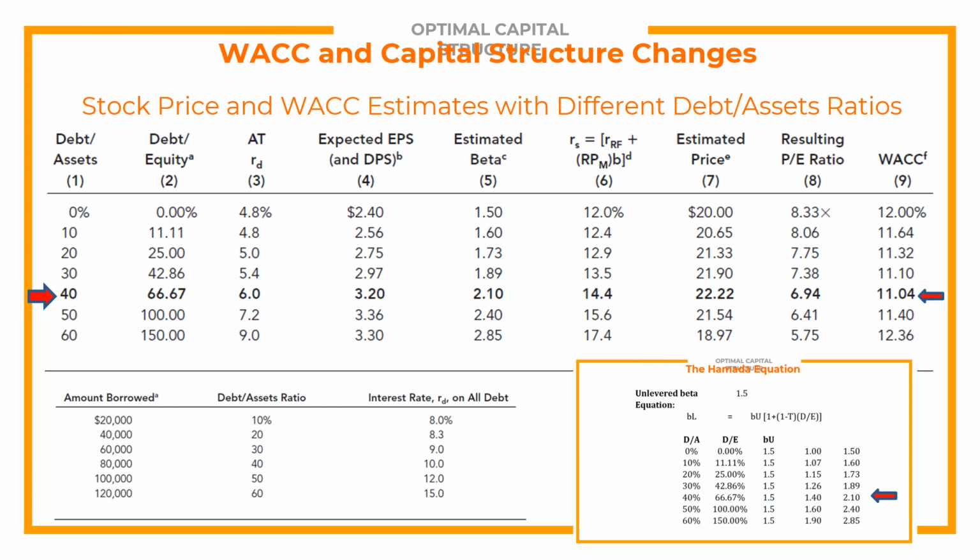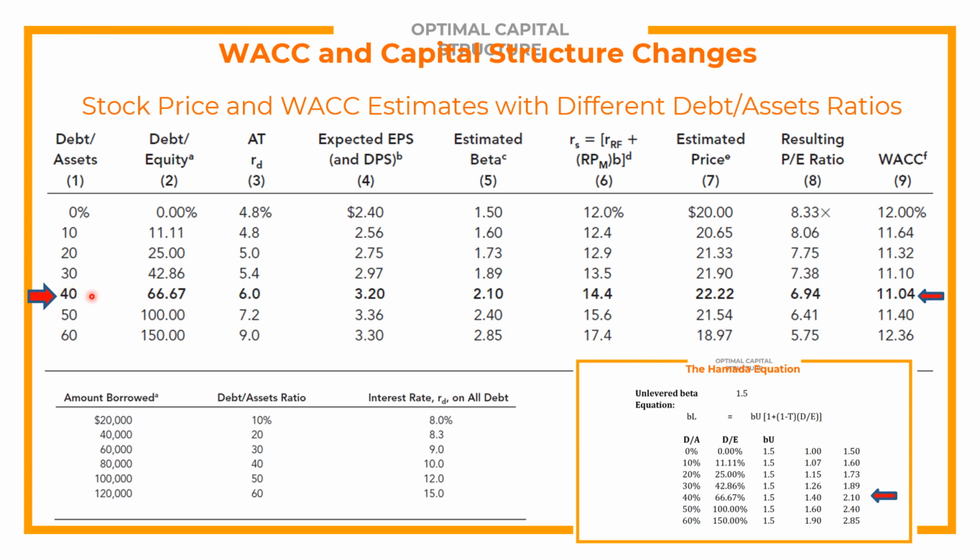If we have a debt asset ratio of 40%, this means that our debt is 40% of the total 200,000. So we have 40 over 60, okay, 40 for debt, 60 for equity.